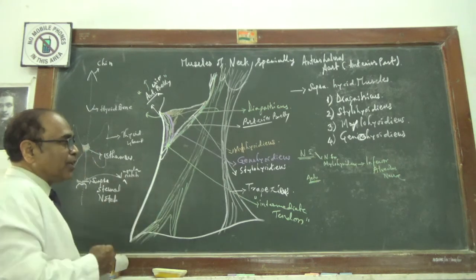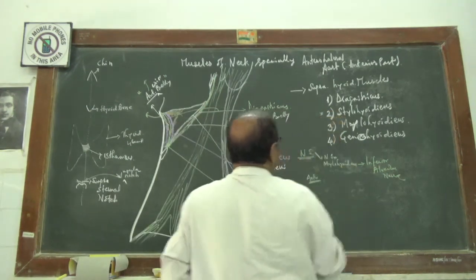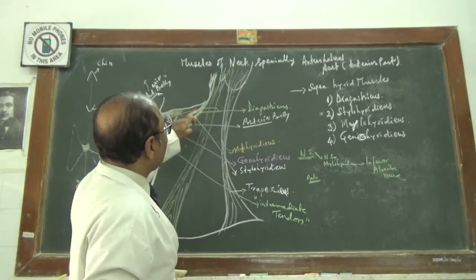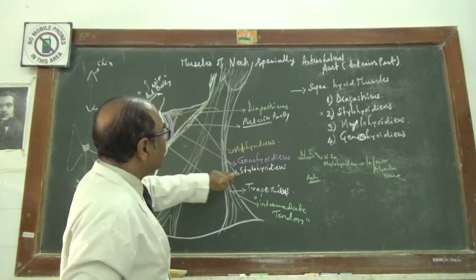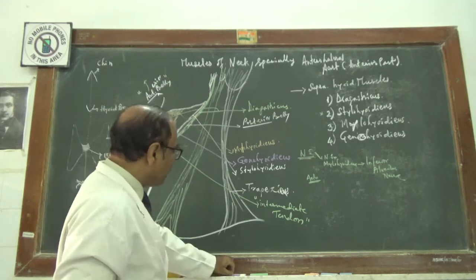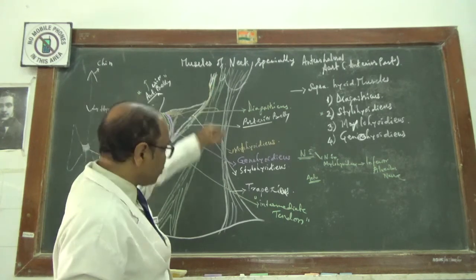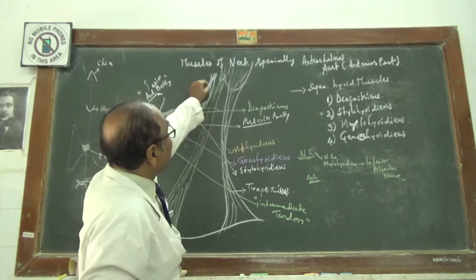Now coming to the next muscle, that is the stylohyoideus. The stylohyoideus is placed deep to the posterior belly of the digastric. This muscle takes origin from the lateral surface of the styloid process.